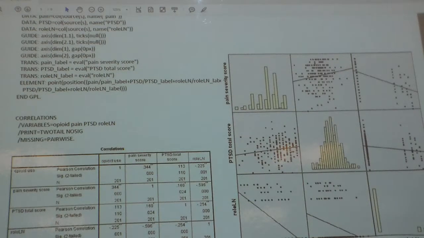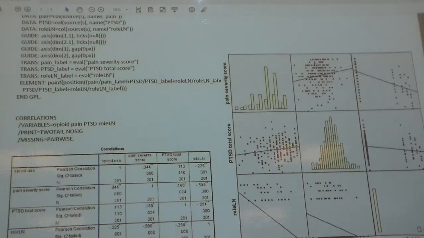Now if I look at the relation between PTSD and role functioning, however, it looks like we have, and this makes it a little more clear because this isn't actually continuous. It's just 5 values, and so these variances all line up along each one of these, right? By the time I get to my highest level of role functioning, the variability here is about half of what it is here.